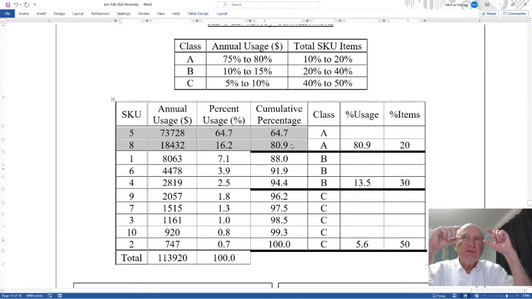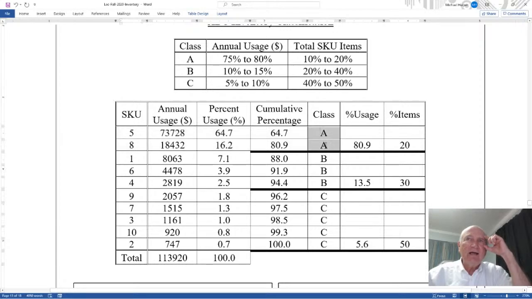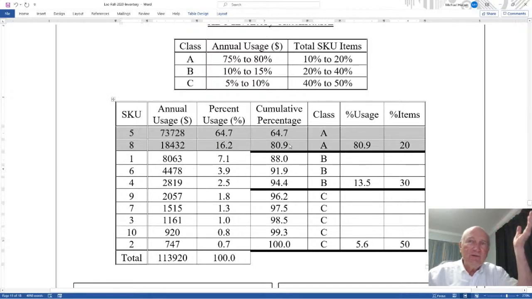So those two SKUs I'm calling my Class A items, because there are 10 items here, and 2 out of 10 is 20% of the items, and 80.9% of the usage. And so those two items have 80% of the dollar value of my inventory.